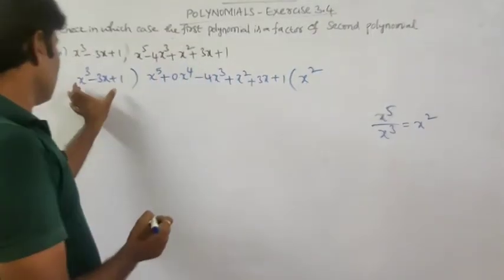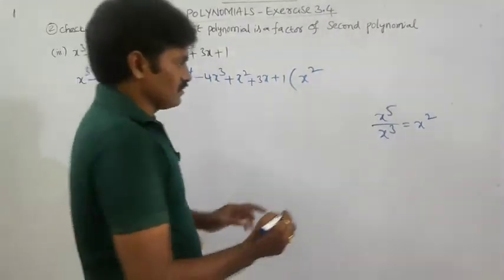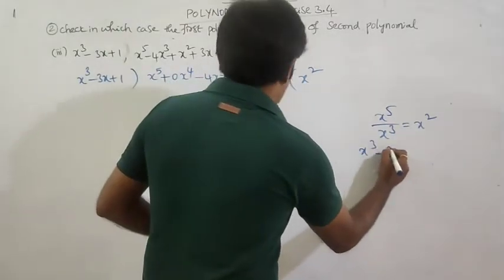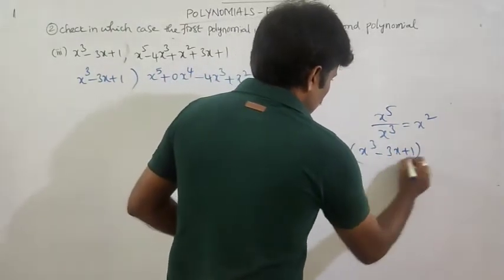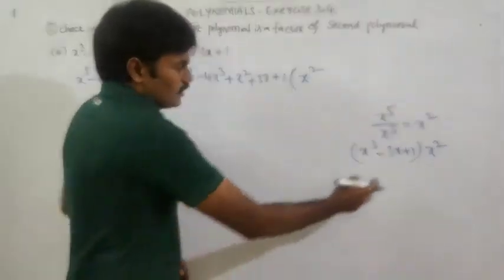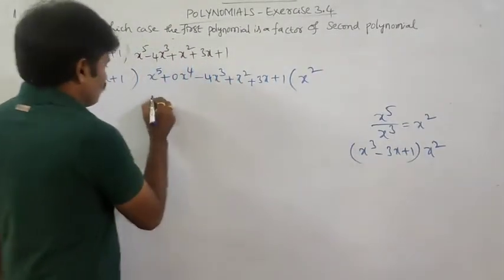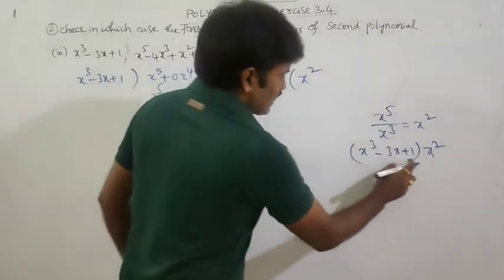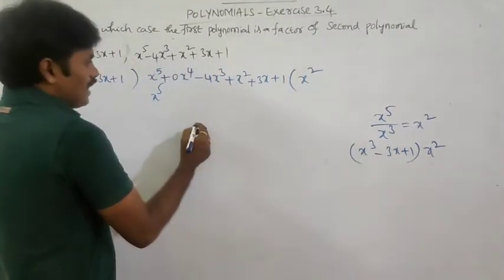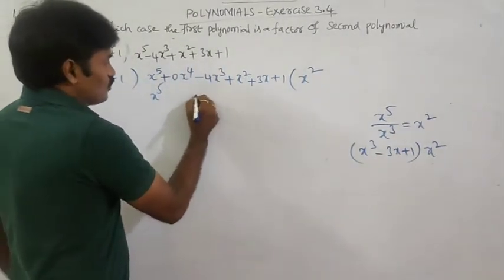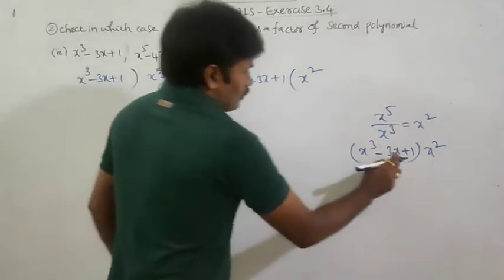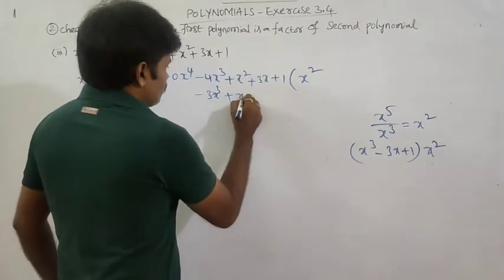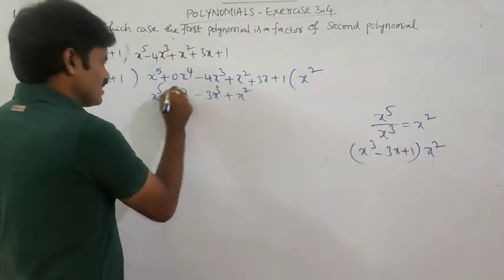Now multiply the divisor by x square: x square into x cube, x to the power of 5, minus 3x into x square, minus 3x cube, plus 1 into x square, plus x square. If a term is missing, write 0 there itself.